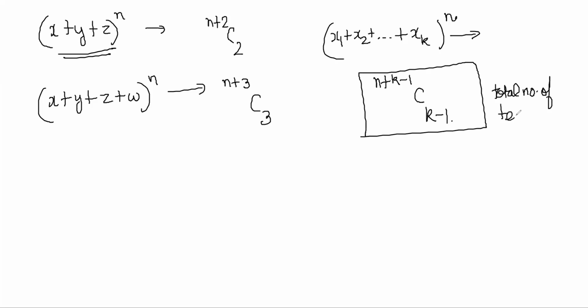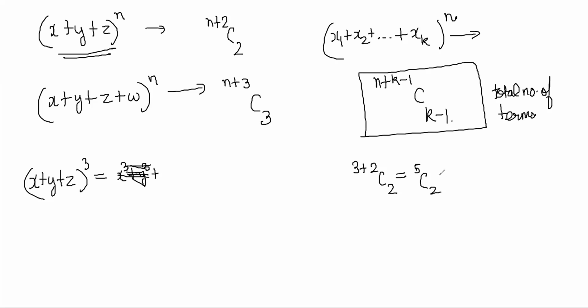Okay, we can quickly verify it for, let's say, x plus y plus z to the power 3. We know the series of this, so we can just expand it. The predicted answer should be 3 plus 2 C2, which is 5 C2, so that should be 10. There should be 10 terms here.